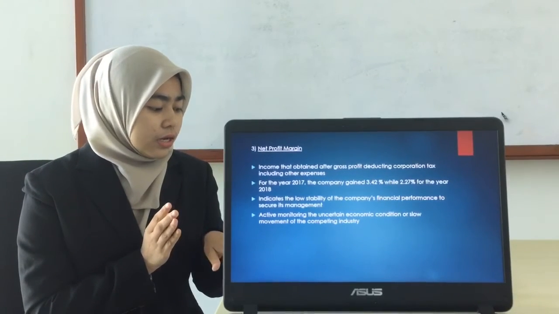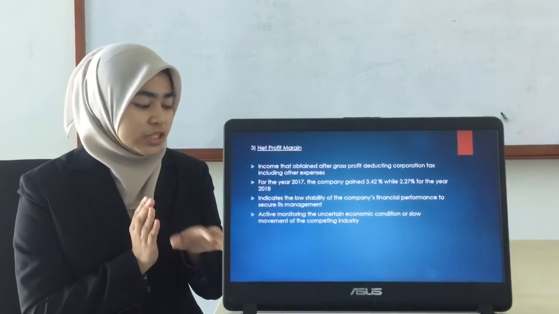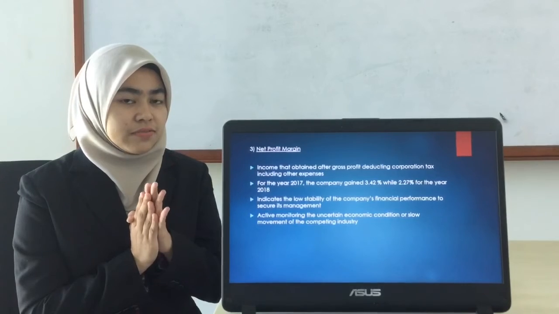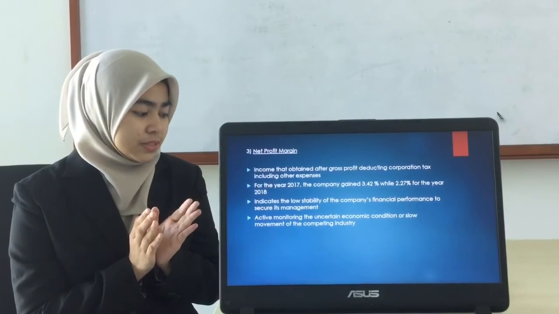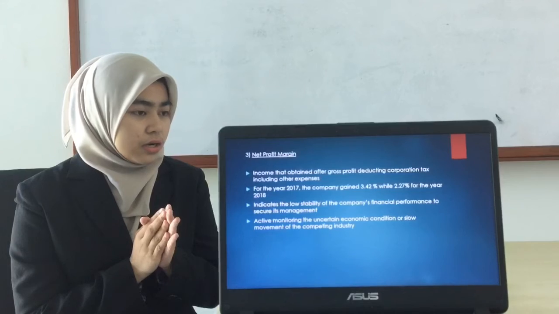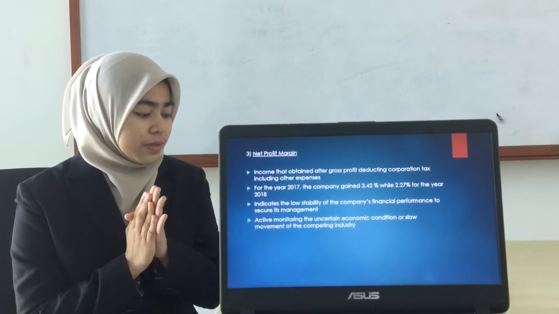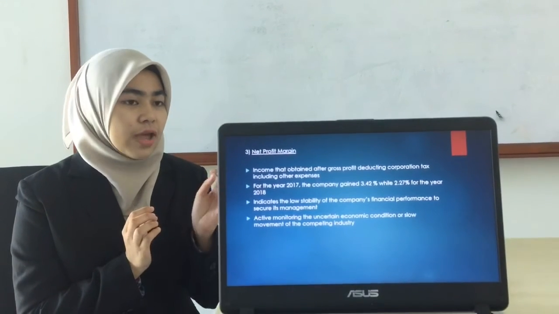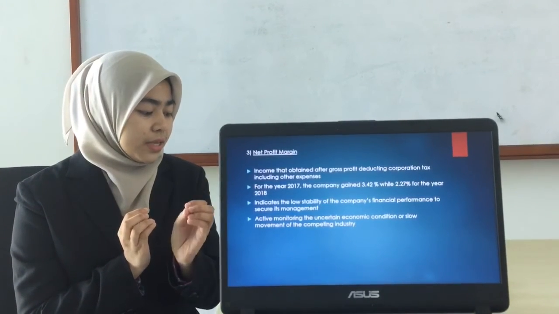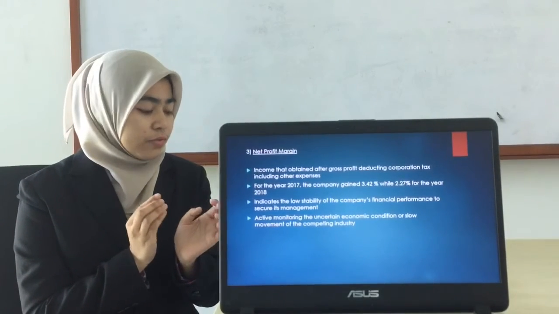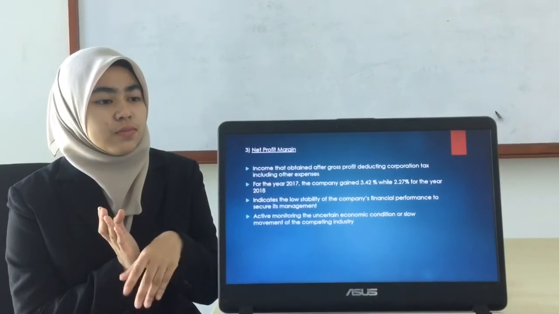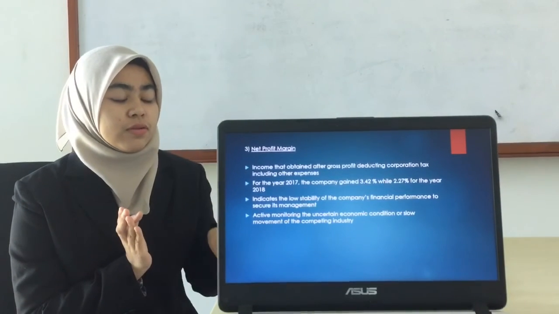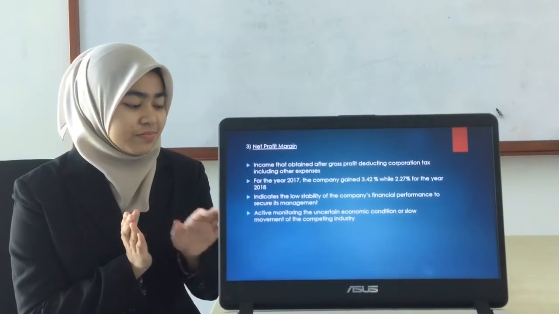And also, from net profit margin, the company is able to determine the value for the shareholder dividend and also for the company investments. The shareholder dividend can be determined through every RM1 earned, where the company can gain about 3.42% for year 2017, and for the year 2018, about 2.27%.